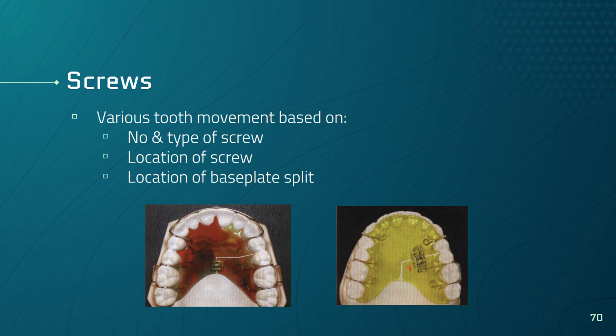In the first diagram, the location of the screw will cause the second premolar, first molar, and second molar to move buccally. Whereas in the second diagram, the location of the screw will cause the same teeth to be moved in a distal direction.